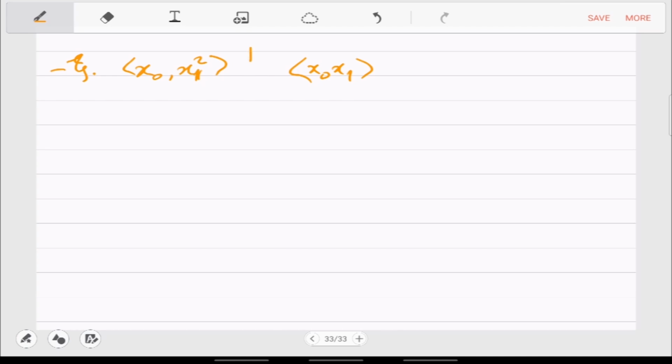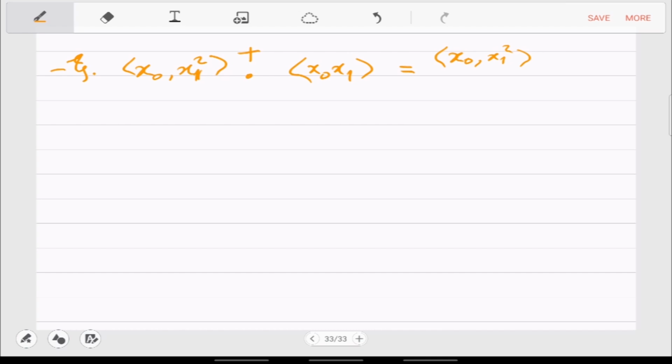So if you add them, what do you get? You get x1 square, x0, x1 square. That I hope is the sum. The second one is contained in the first. So this is the sum.